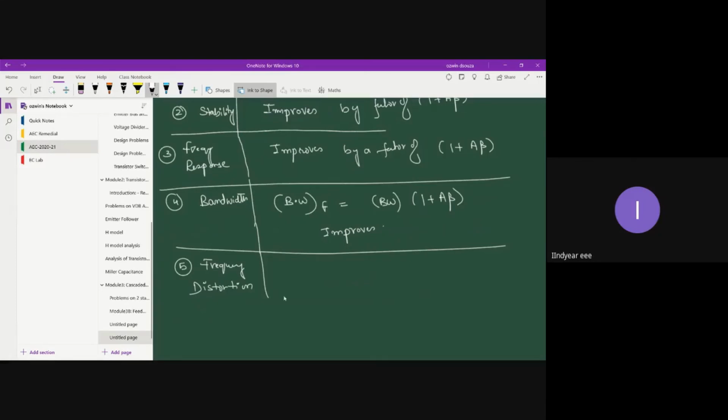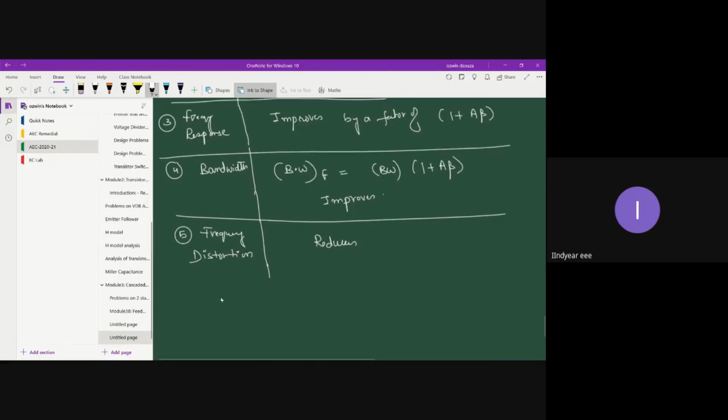Frequency distortion reduces, because the closed loop feedback constantly corrects the error. By correcting the error, frequency distortion can be reduced, again by a factor of 1 plus A into beta. So everywhere this feedback factor comes into the picture.